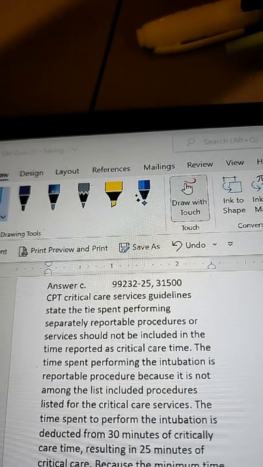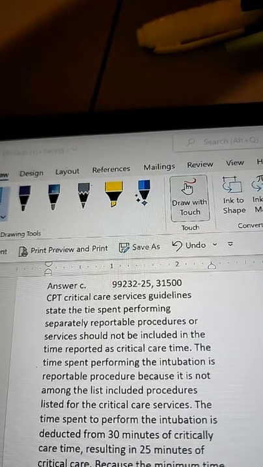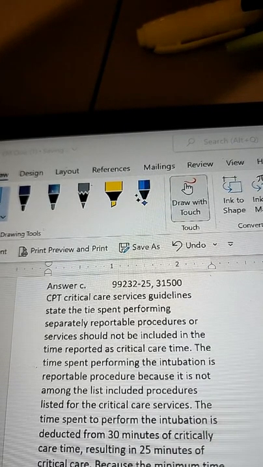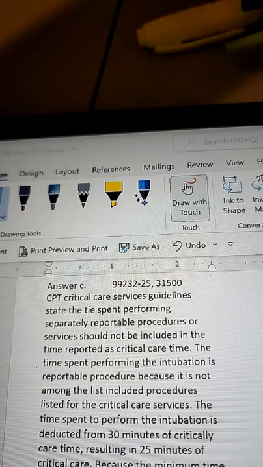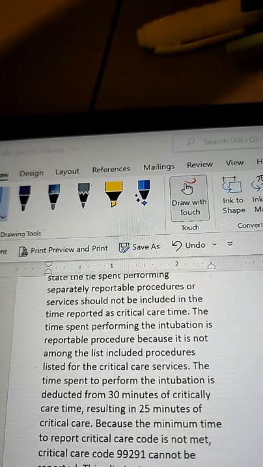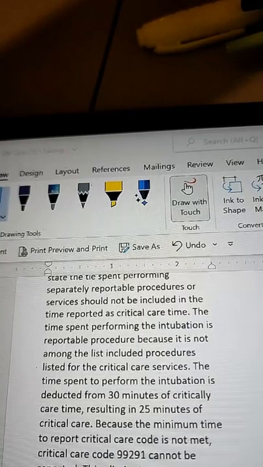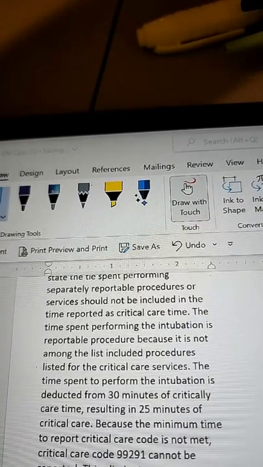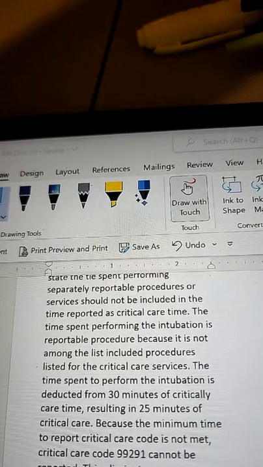Resulting in 25 minutes of critical care. Because the minimum time to report critical care code is not met, Critical Care Code 99291 cannot be reported, eliminating those answers. This is a subsequent hospital care visit which requires 2 of 3 components.